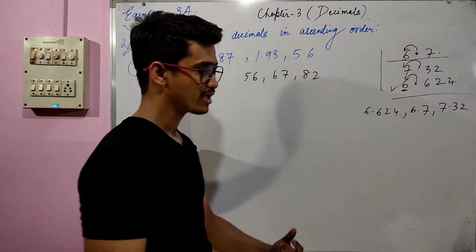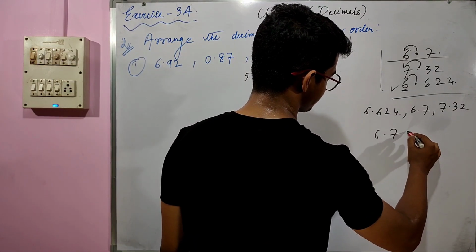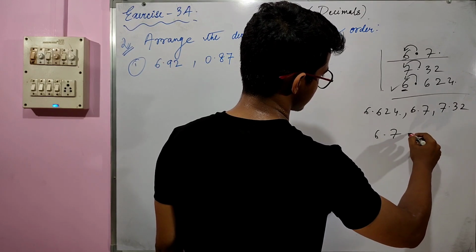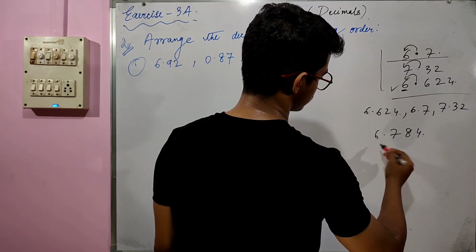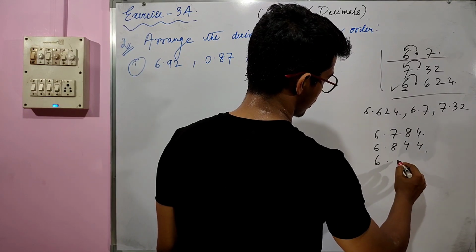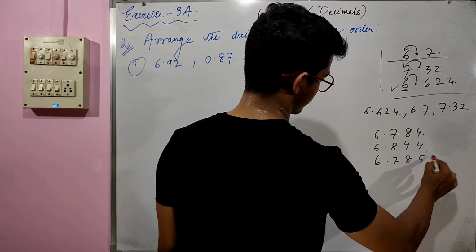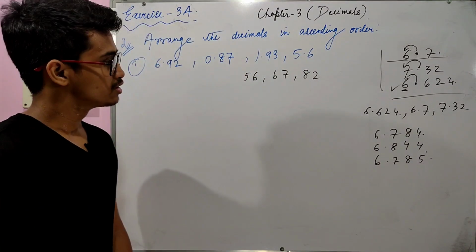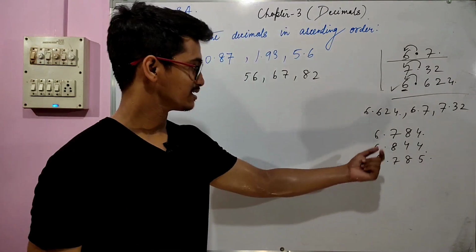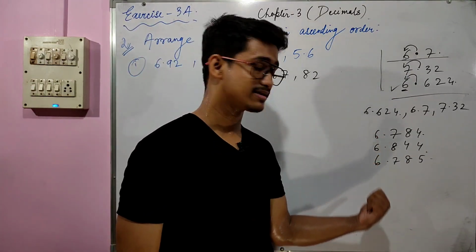Let us take one more example. So let's take 6.7, let's say 6.84, and then 6.844, and then let's say 6.785, right? So in that case, before point, all the numbers are absolutely the same, that is 6, 6, 6, right?